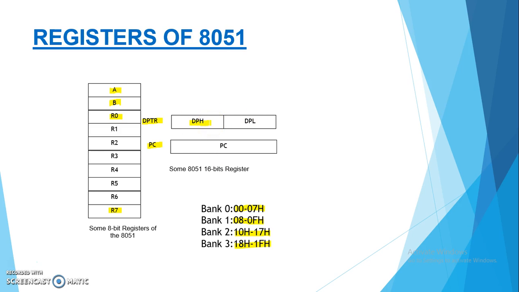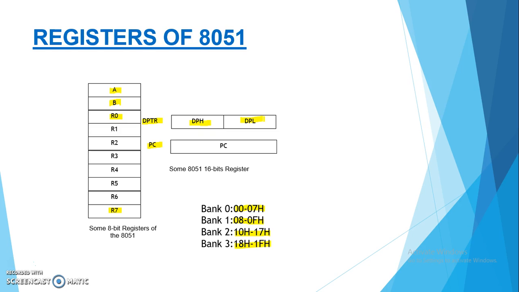DPH is the higher 8 bits of DPTR and DPL is the lower 8 bits of DPTR. So it is all up to you. If you want DPTR to be used as a whole 16-bit register, you can make use of DPTR alone. If you want to bifurcate DPTR into two 8-bit registers, you can bifurcate it into DPH and DPL.